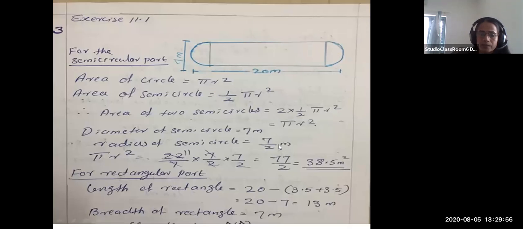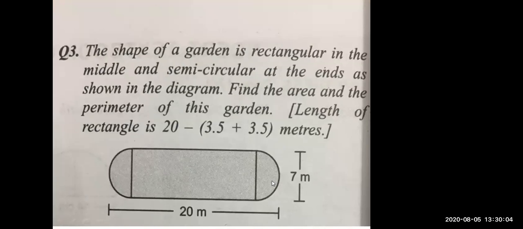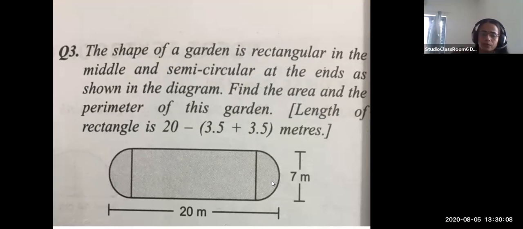Can you see the slide? Yes, ma'am. It is there in your book. Explain what are given and what we need to find, and how we can do that. Read the question first.